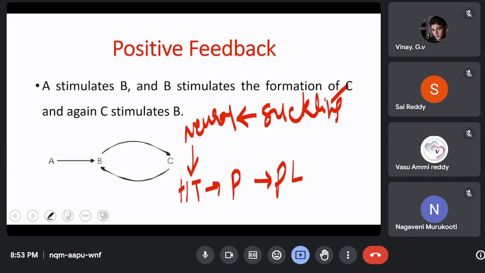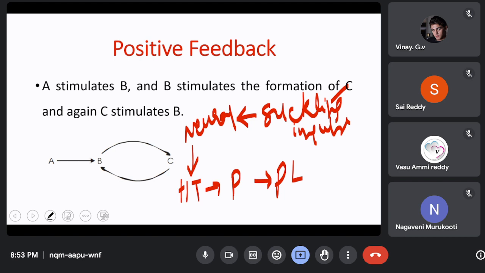So when the baby starts drinking milk by sucking the mammary glands, that suckling impulse is transmitted via the mammary glands through the nerves to the hypothalamus, so that it starts secreting prolactin releasing hormone, which stimulates the pituitary gland, which starts secreting prolactin.